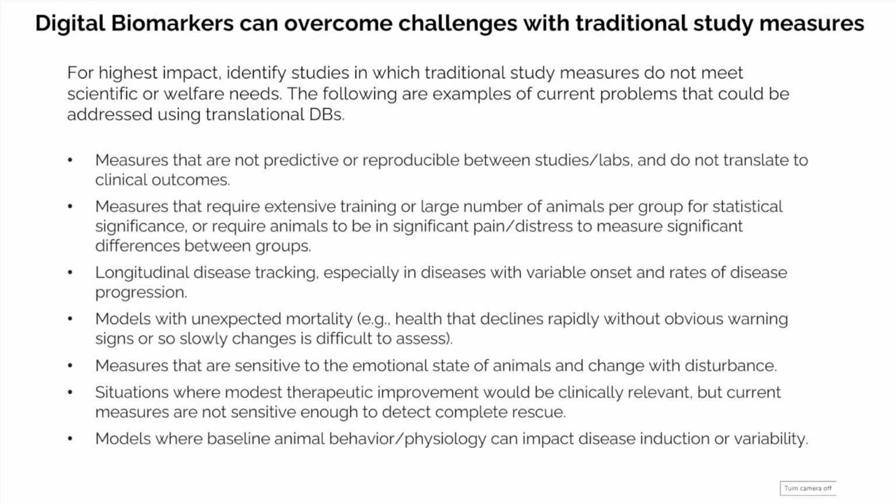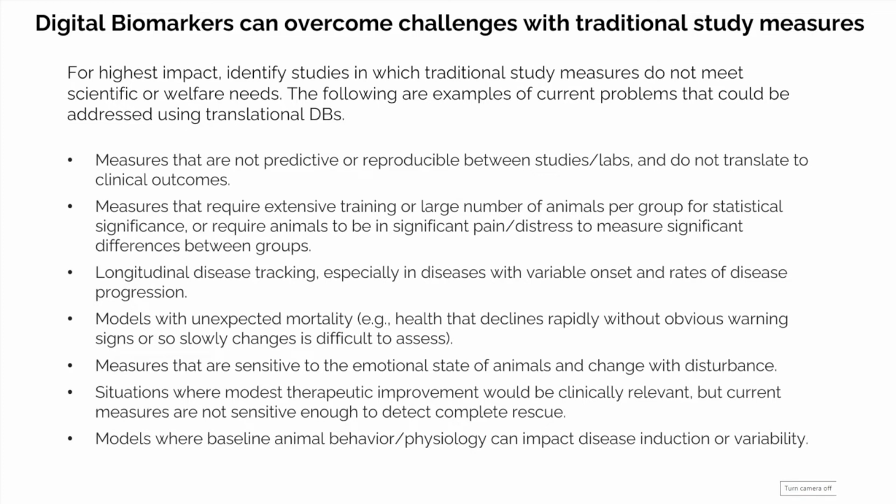And then the last one before I turn it over to Sean are models where baseline behavior or physiology can impact disease induction or variability. And here, potential examples would be around circadian rhythms in the immune system. We know that those are tightly regulated.